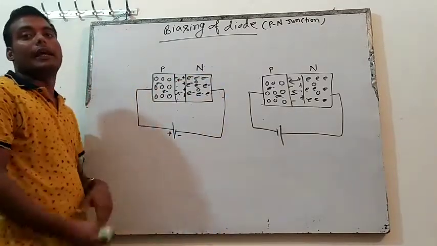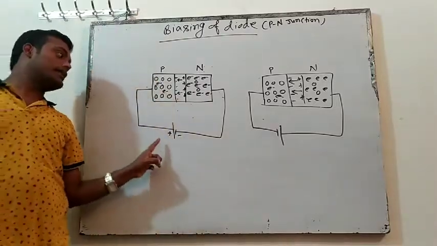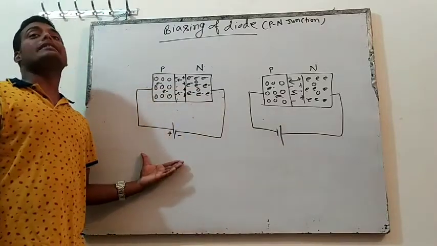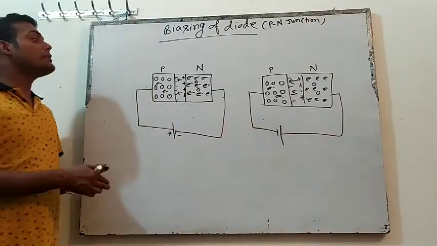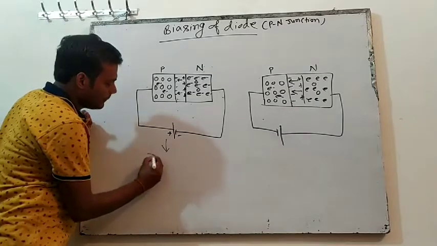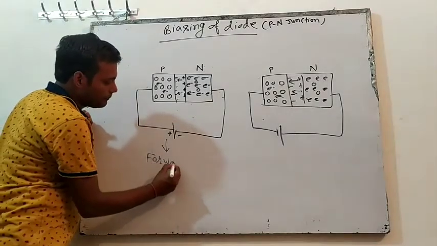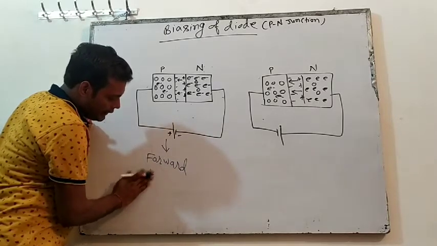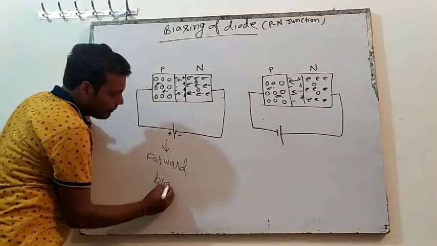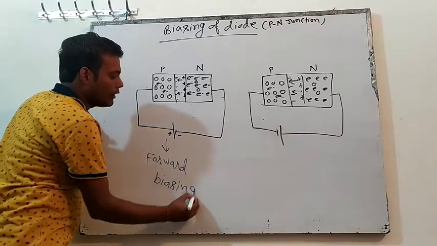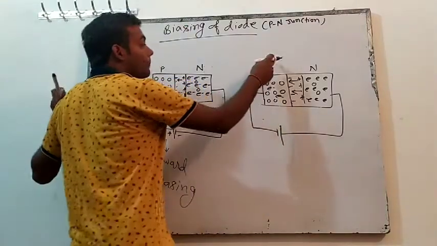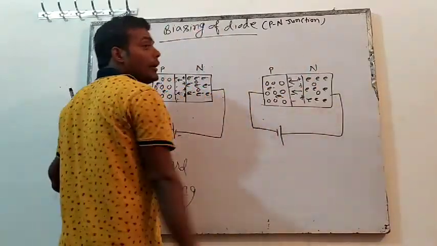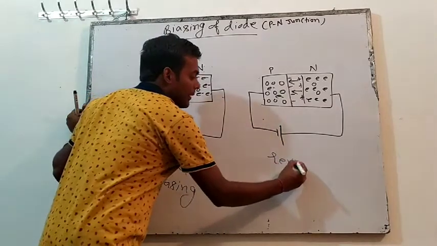Whenever we connect the P side with the positive terminal and the N side with the negative terminal, this type of combination is known as forward biasing. And when we connect the P side with the negative terminal and the N side with the positive terminal, this is known as reverse biasing.